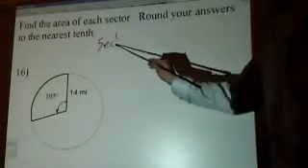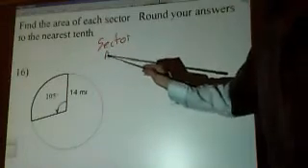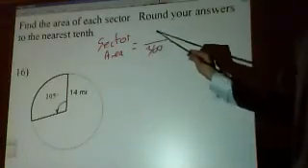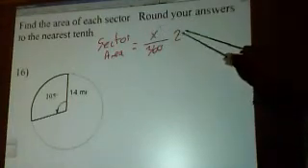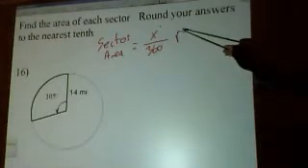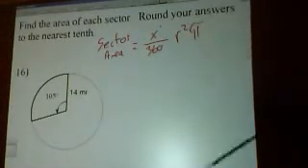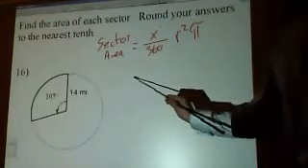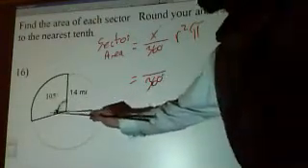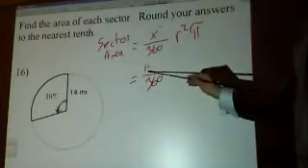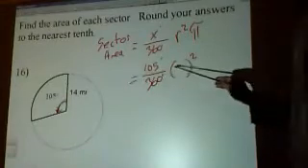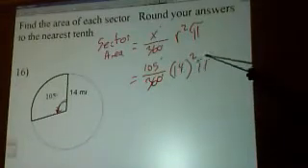So, go ahead and type in sector area. Type it in. Go ahead and write it. And we're going to do our formula. 360 times not 2r pi. Since we're doing area, we're going to use r squared, and we're using square units now, and pi. And so the central angle in this case, this angle right here, is 105. And our radius is 14.